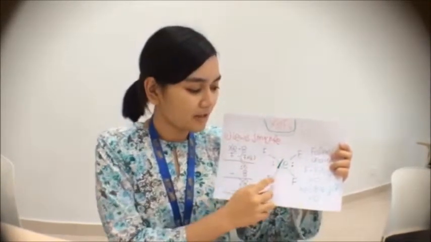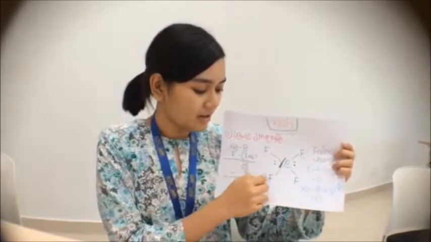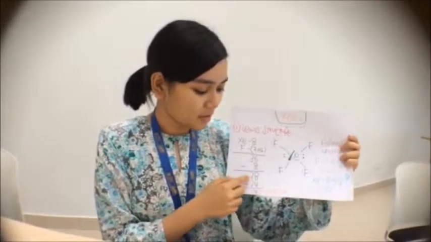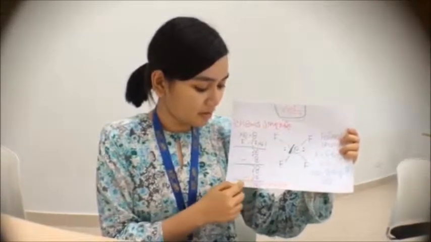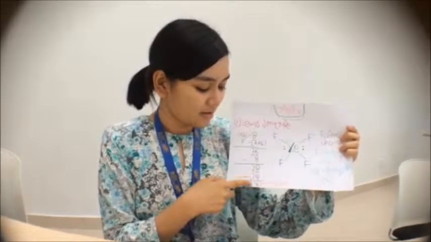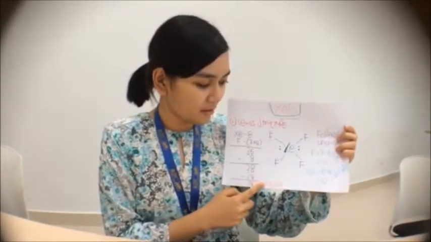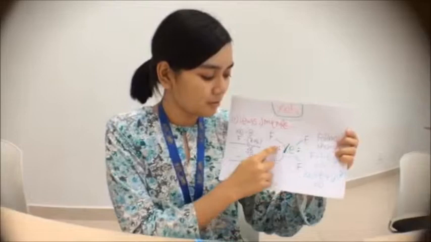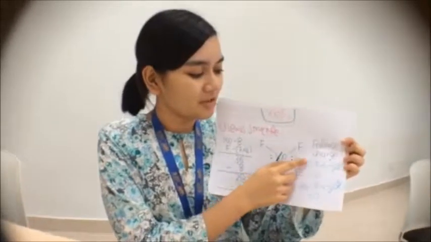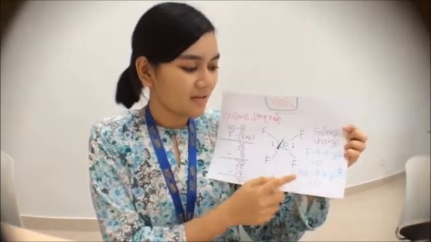There are 4 atoms of fluorine, 6 valence electrons each. So 28 minus 24, and there will be 4 valence electrons left. The remaining valence electrons we will distribute to xenon. And then we will proceed to the formal charge. Fluorine has 0 charge, xenon has 0 charge.